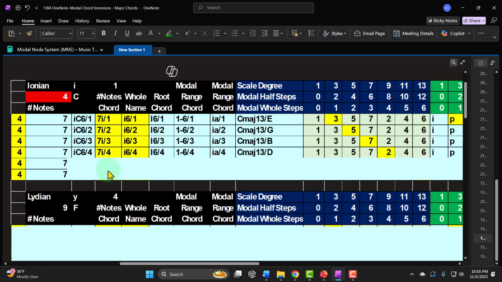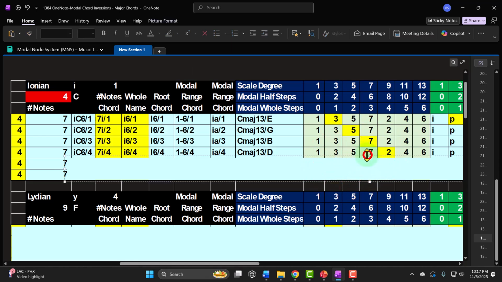So it would be better to call it a 7I/4 for a 7-note Ionian 4th inversion, or an I6/4 for an Ionian 6 modal whole step /4, because we're going to invert on the note that is 4 modal whole steps up from the root, which happens to be, in this case, nodal point number 2, which is a Dorian.